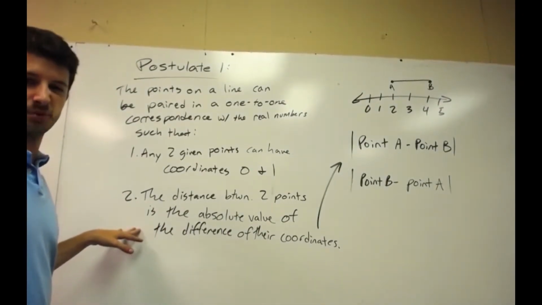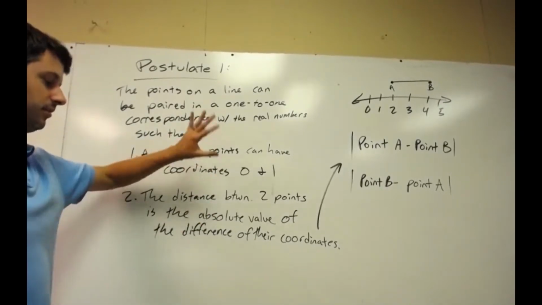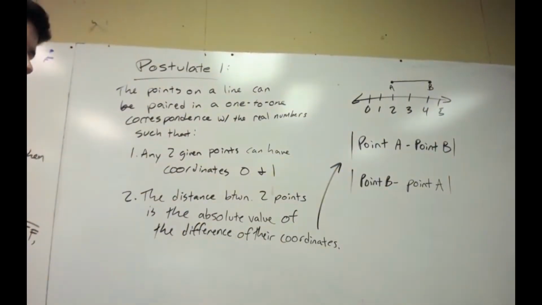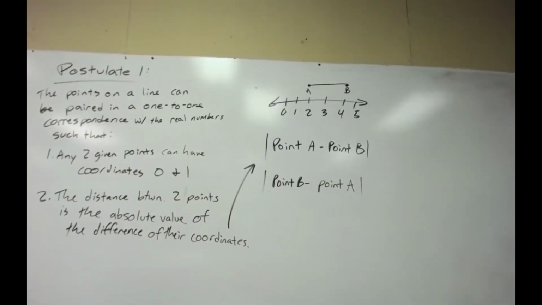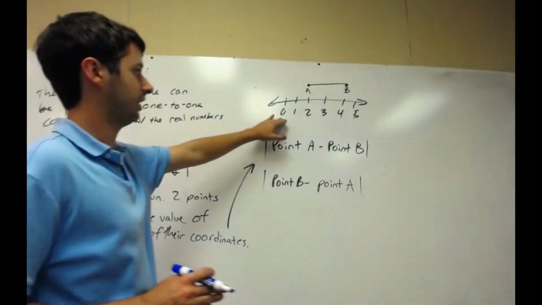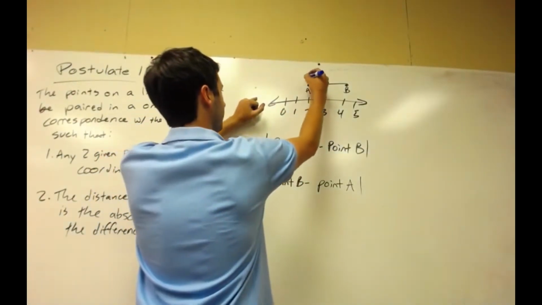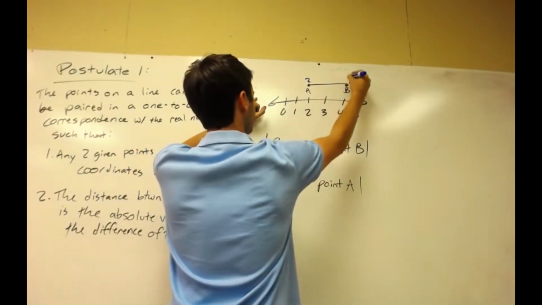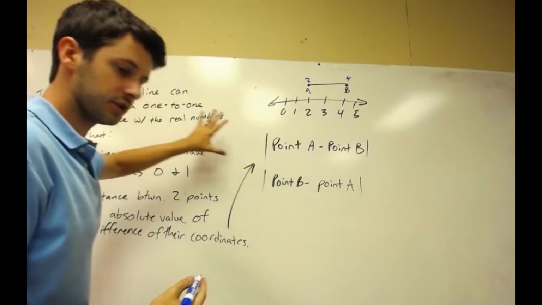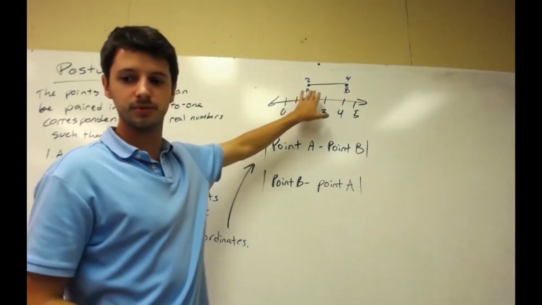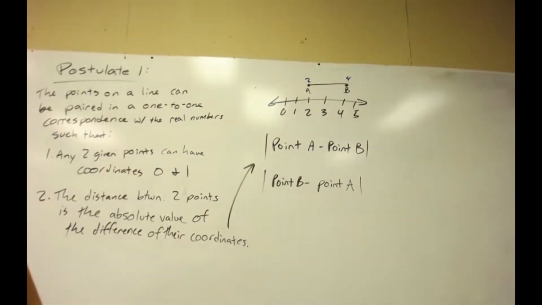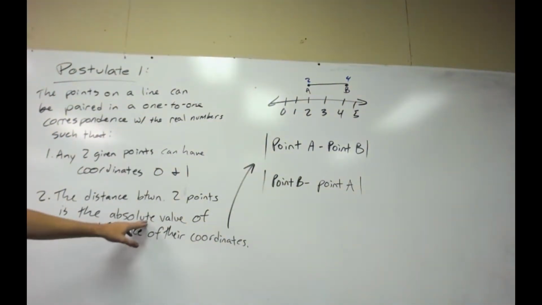So let's simplify it a little bit and try to get rid of all this clutter. Say you have line segment AB. I've got a number line here. A lies on the number 2, B lies on the number 4. All this postulate is saying is that you could find the distance between A and B simply by doing the absolute value of the difference of their coordinates.